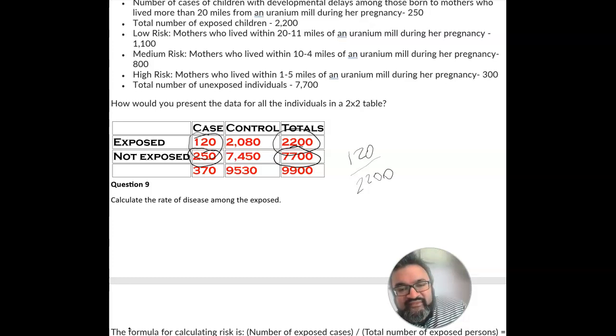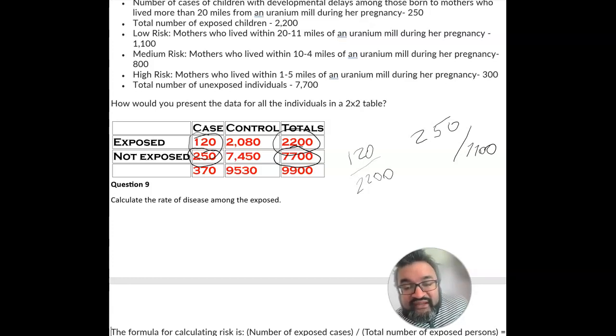So let's write that down: 250 over 7,700. So we have now determined what the numerator is, and the numerator is the rate of disease among the exposed, and then 250 over 7,700 is the rate of disease among the unexposed.